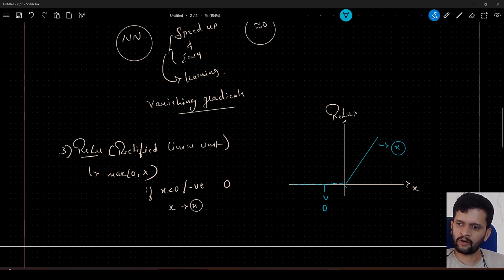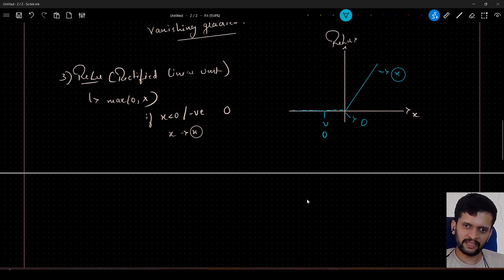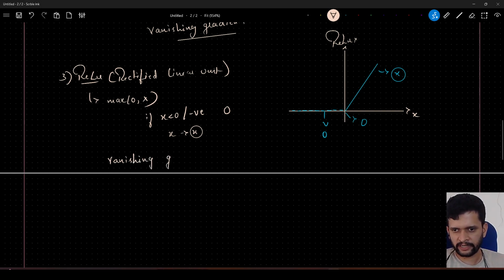If x is 0, output will be 0. If x is greater than 0, output will be x. If x is less than 0, output will be 0. That's what the rectified linear unit does. So this doesn't seem to have the vanishing gradient problem.